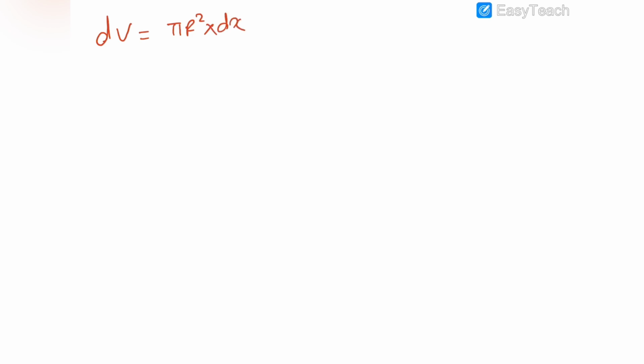Now the charge enclosed in this cylinder would be dq, and dq will be equal to rho dV. We can also say that dq is equal to I dt, because I is equal to dq by dt, and dV is pi r square into dx.